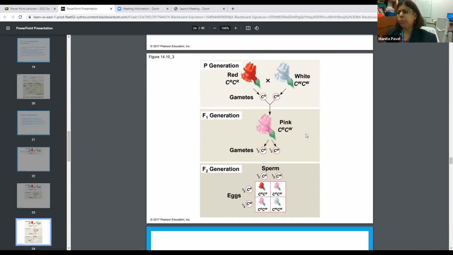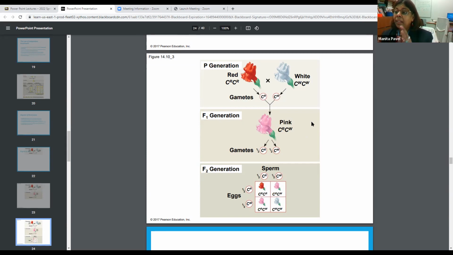Let's use the analogy. When you take red paint and you mix it with white paint, what do you get? Pink color, pink paint. And that's what Mendel saw. He saw a new trait, a new color, which was called pink. So he said, oh, red is not completely dominant over white because we see a new trait called pink color.